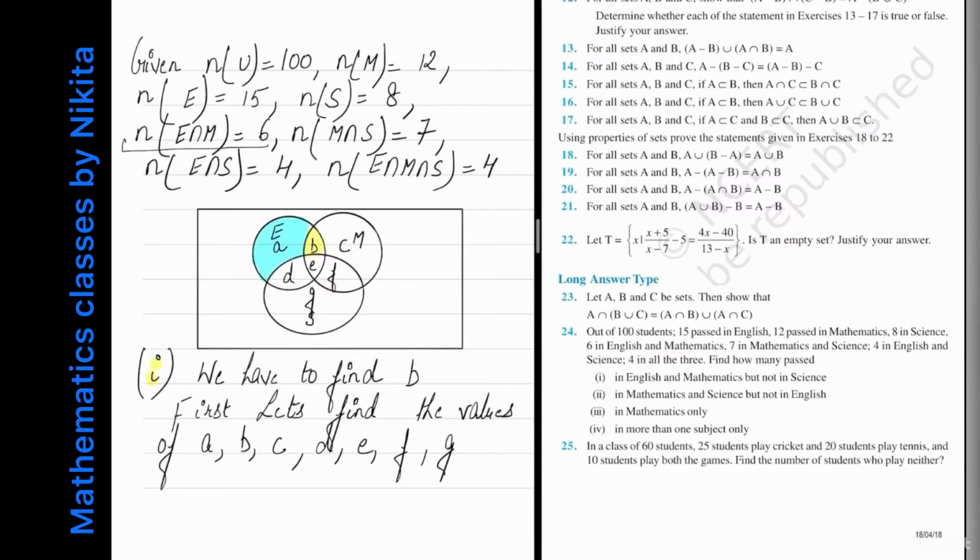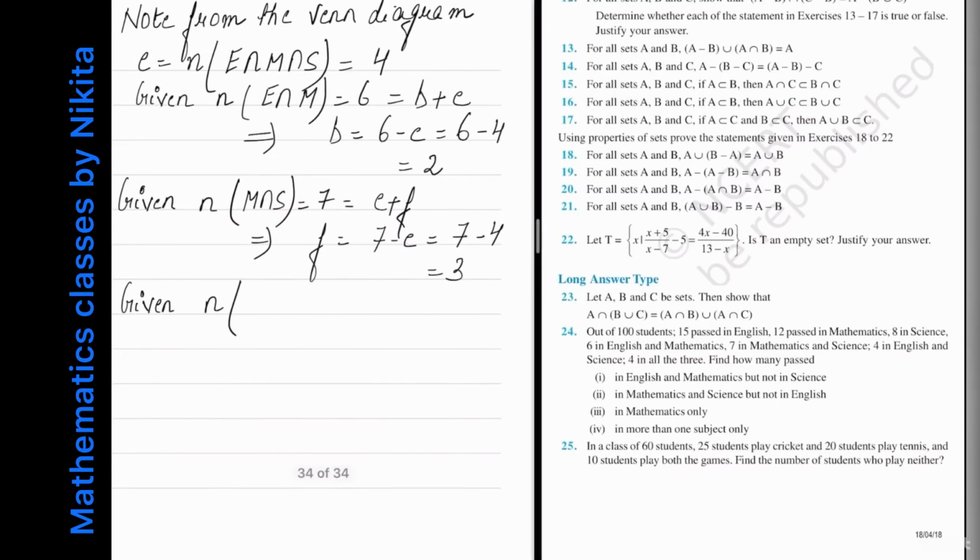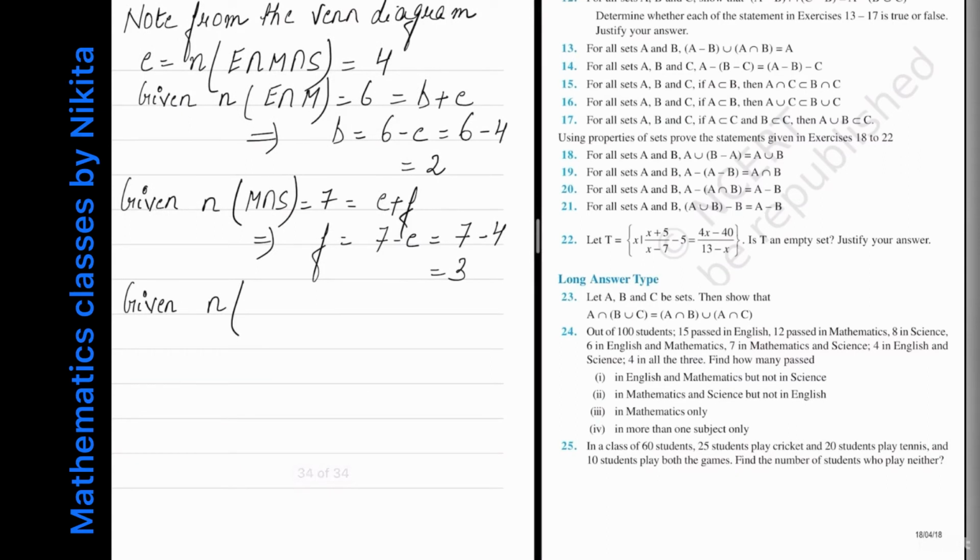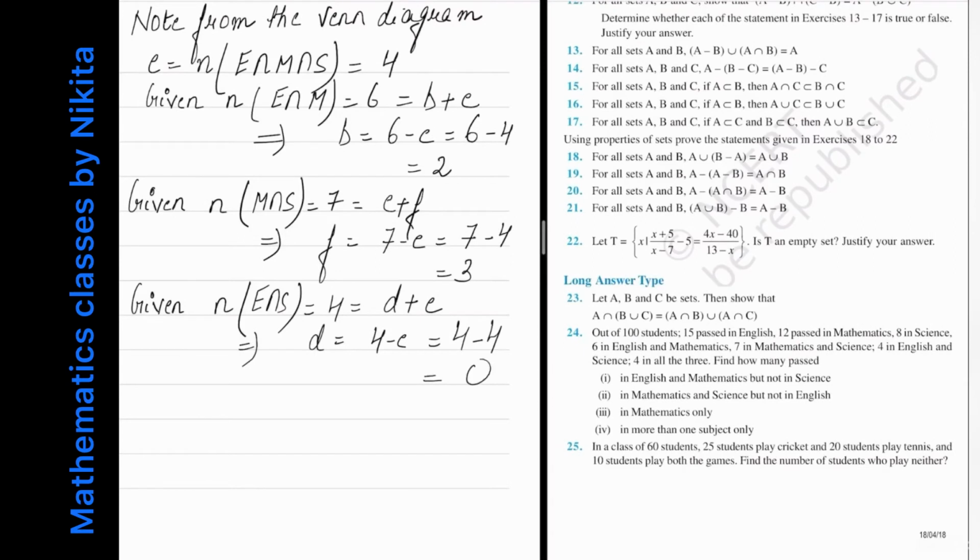E और S का intersection अगर आप लोगे तो आपके पास आएगा D plus E. So E intersection S is equal to 4, which is equal to D plus E, and from here I get that D is equal to 4 minus E, which is equal to 4 minus 4, which is equal to 0.